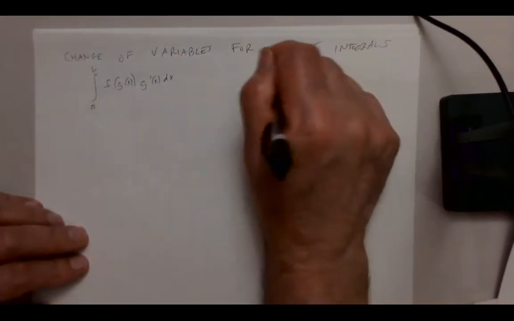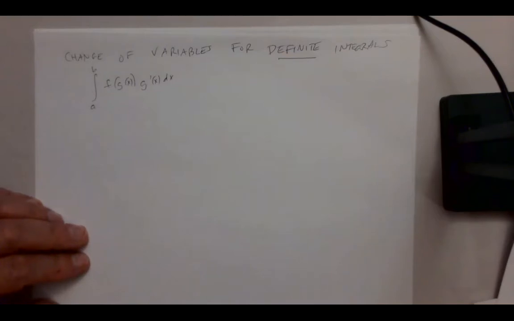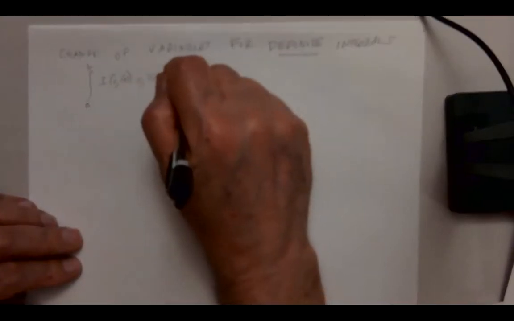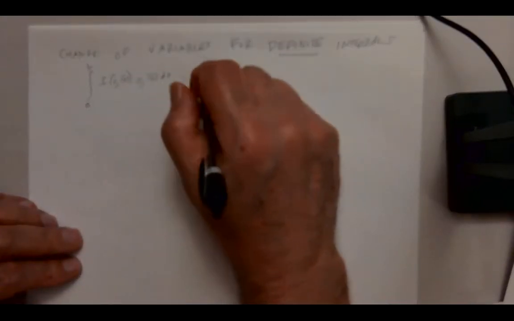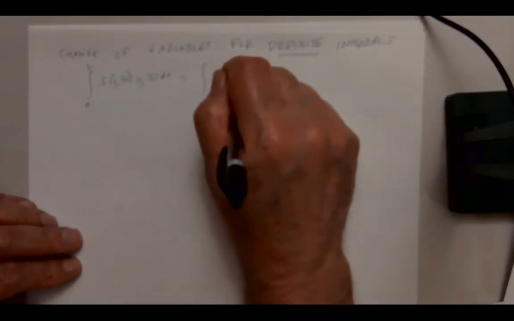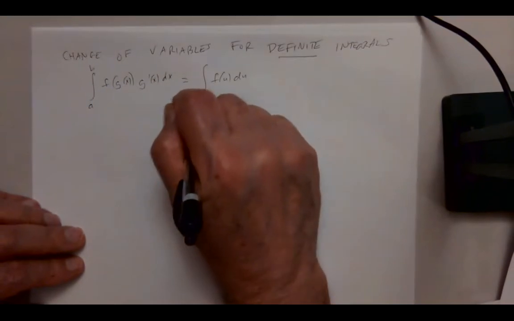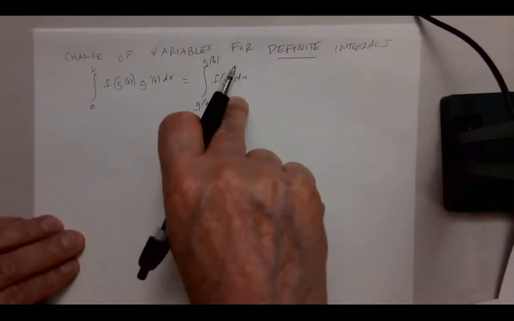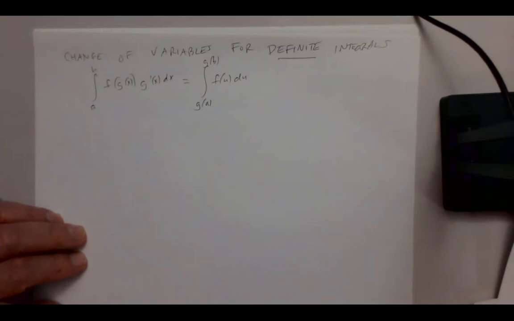So this is now a definite integral. And our formula says that this is the same as the integral of f of u du from g of a to g of b. So this is a lot simpler looking like that than that.